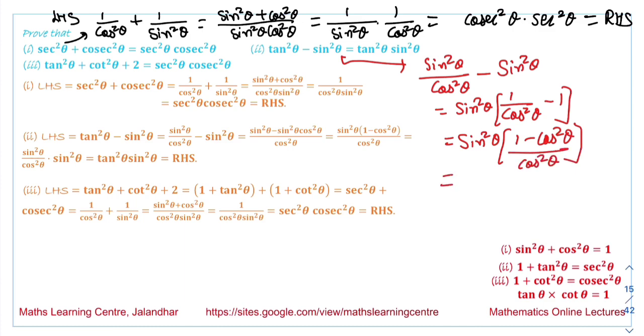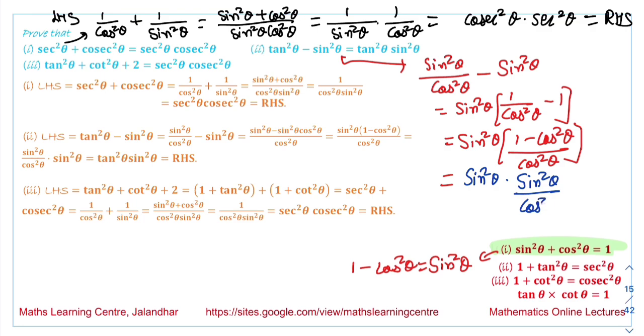Now look at this identity over here. What we get is that 1 minus cos square theta is equal to sin square theta. So sin square theta is already there, then it is sin square theta over cos square theta, and the answer we get is sin square theta into tan square theta. So this is what we have to prove, that it is tan square theta into sin square theta.